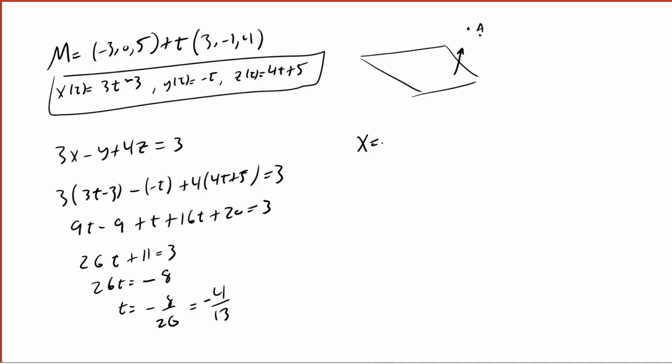So x is going to be 3 times minus 4 over 13 minus 3, which is, if I put this over a common denominator, minus 12 minus 39 over 13, which is minus 52 over 13, negative 4.